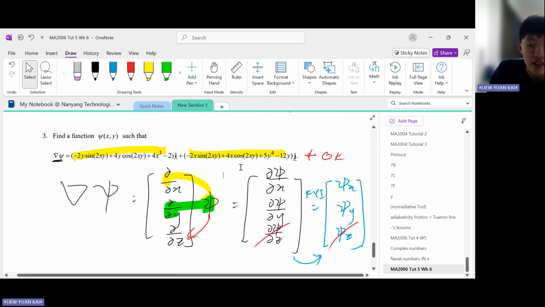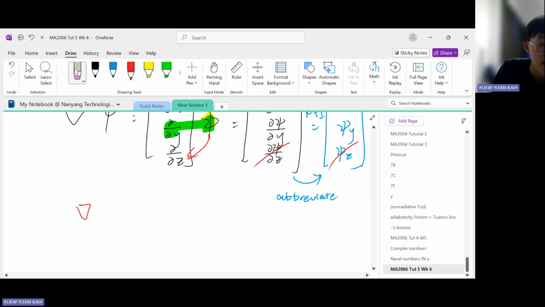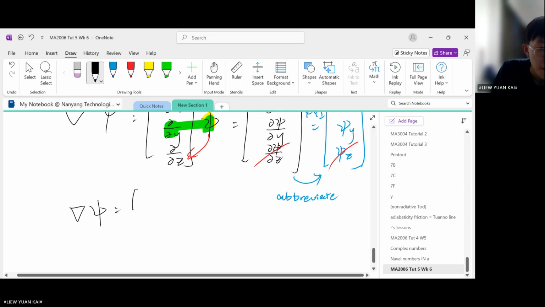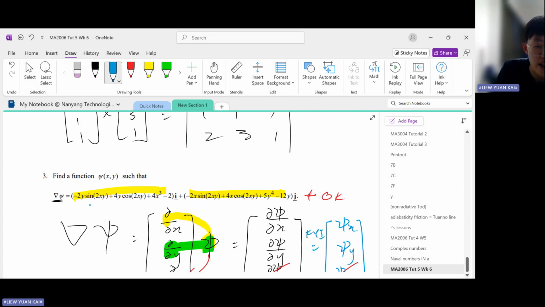We have already found that nabla of psi is this. So let me write this down. We have found nabla of psi is equal to this, and they also told us nabla of psi is this right-hand side.